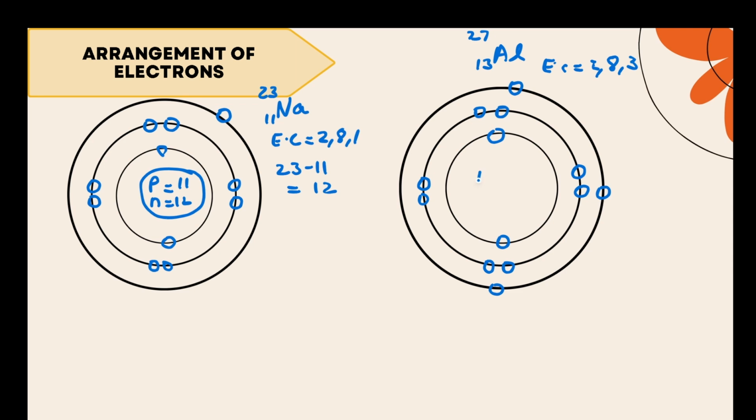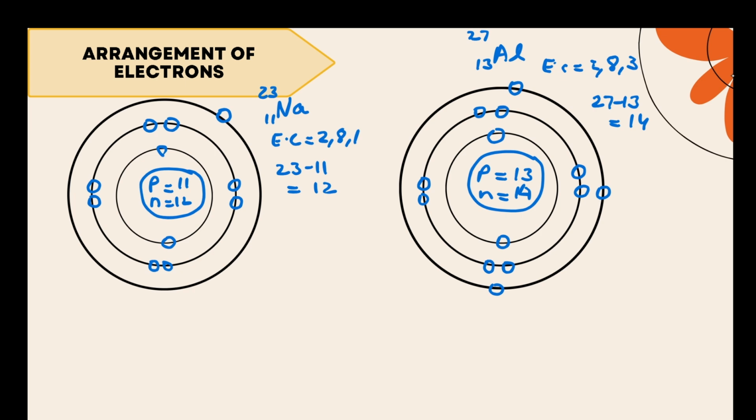Protons will be 13, and neutrons will be 27 minus 13, which is 14. So the nucleus comprises 13 protons and 14 neutrons.